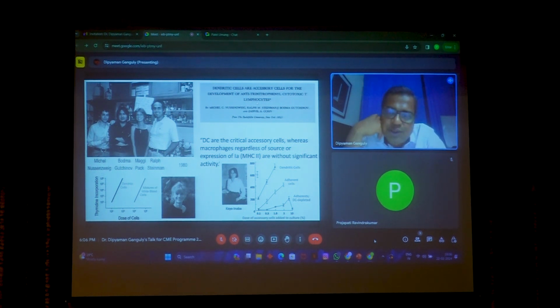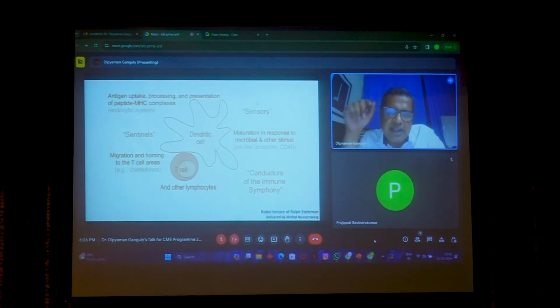So Kayo came over to Steinman's lab, and she established that a very low dose of these dendritic cells is needed to achieve a similar kind of lymphocyte activation compared to other kinds of accessory cells, which are not lymphocytes but are present in the blood and are a component of white blood cells. And that's how dendritic cells were discovered.